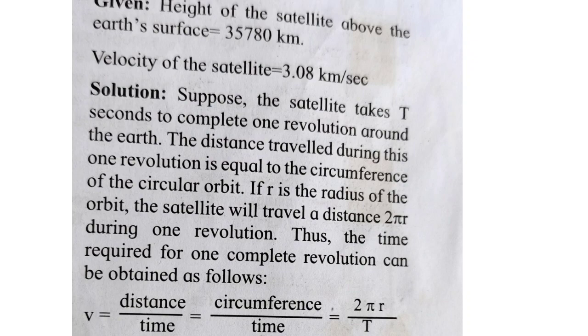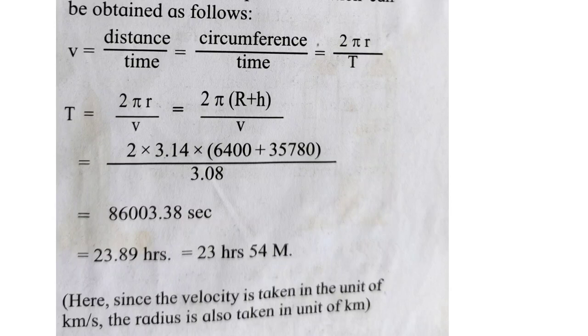v is equal to distance upon time is equal to circumference upon time is equal to 2 pi r upon t. t is equal to 2 pi r upon v is equal to 2 pi (r plus h) upon v is equal to 2 into 3.14 into (6400 plus 35,780) upon 3.08 is equal to 86,003.38 second. t is equal to 23.89 hours is equal to 23 hours 44 minutes.